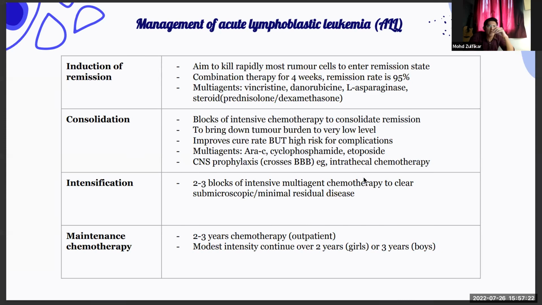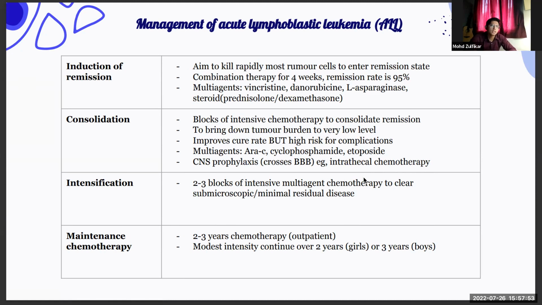Basically, by killing the rapidly dividing cells in order for the patient to enter the remission state. In order to do that, there are a few steps, which is the combination therapy for 4 weeks, and the remission rate is 95%, which is a high possibility to be successful.